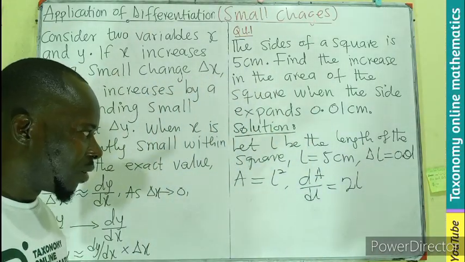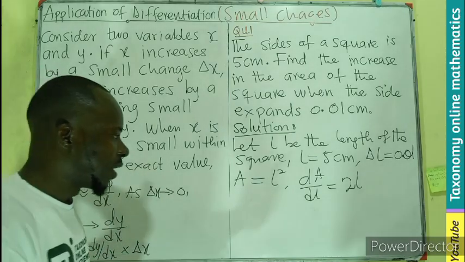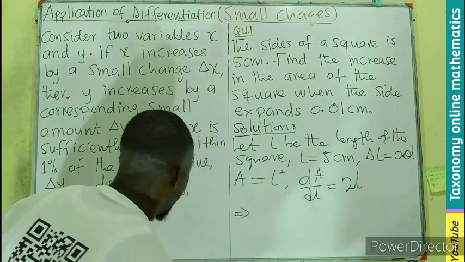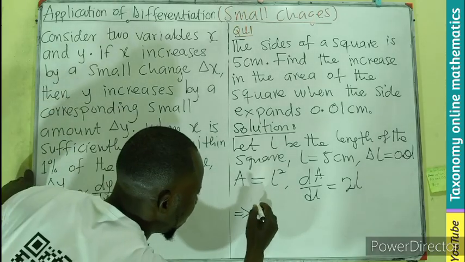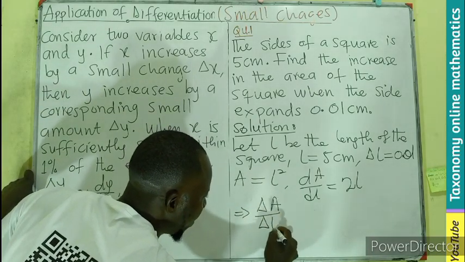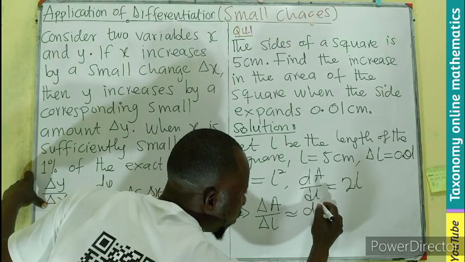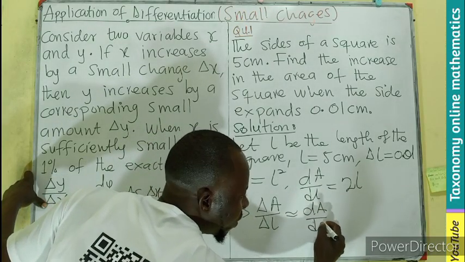Do we get that? We are going to make use of dy dx. So for the small change, we can agree that the small change in the area divided by the small change in the length should be approximated to dA dL.